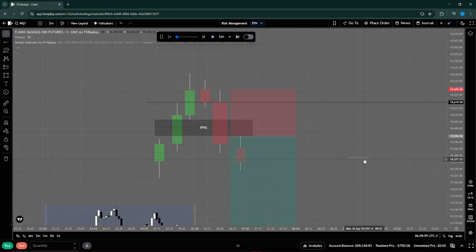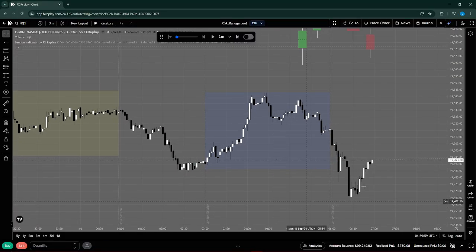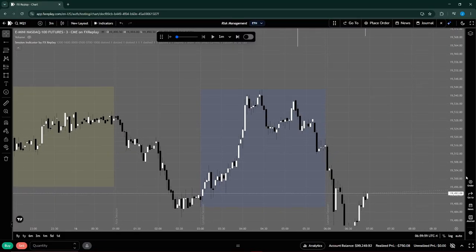What happens with the inverse fair value gap is, we're gonna retake that area, but it's basically a confluence to let us know that the manipulation is over, and manipulation happens before the big move happens. If you've been trading for a while, you realize that the manipulation happens before the big move happens.